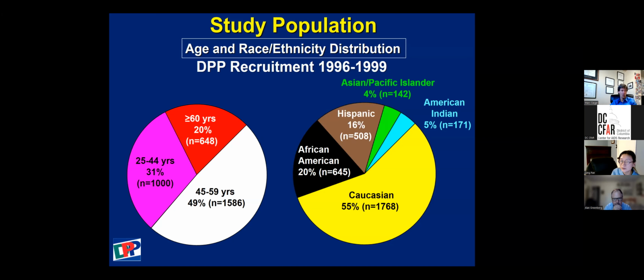So we really have an aging cohort. I think one day, it won't be long, most of the participants will be gone, and then you have to stop. But it's like the Framingham heart study. You followed them through their whole aging process from midlife to the last. And it's very diverse. As I said, we targeted the minorities. So we got 4% Asian and 5% American Indian with loosened standards.